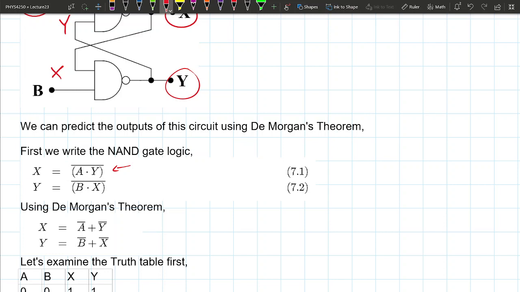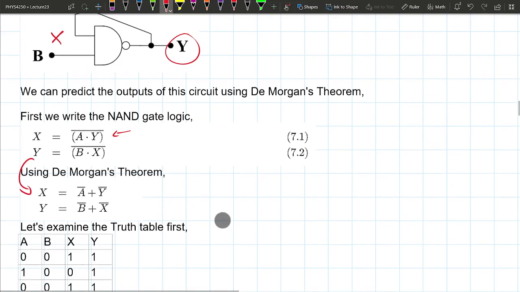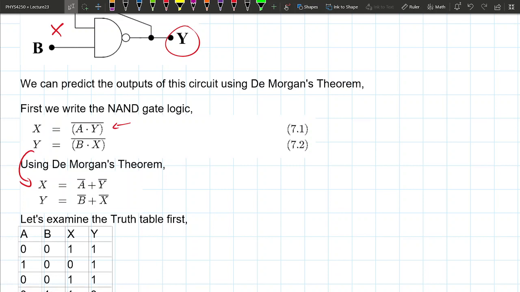Similarly, Y is equal to B and X, and then negate it. That's what the NAND operation is doing. To make this make sense, I'm going to use De Morgan's theorem. That's why I had you guys derive it. When you have a NAND between two things, it's actually an OR of those two things, but with the inputs negated. Similarly for Y.